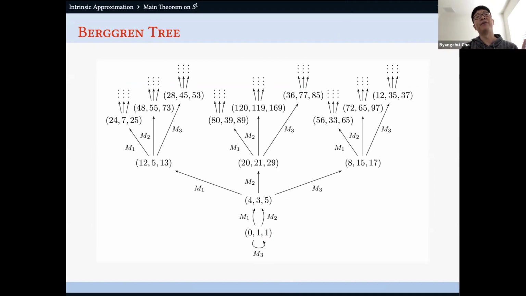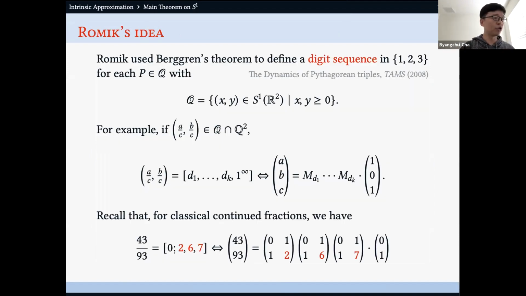So using that theorem, what we're able to do, actually this is done by Dan Romik in this paper in 2008, is define a digit sequence for every rational point on the unit circle just by tracking your triple in the tree and then calling them D1 through DK, where every D is either 1, 2, or 3.